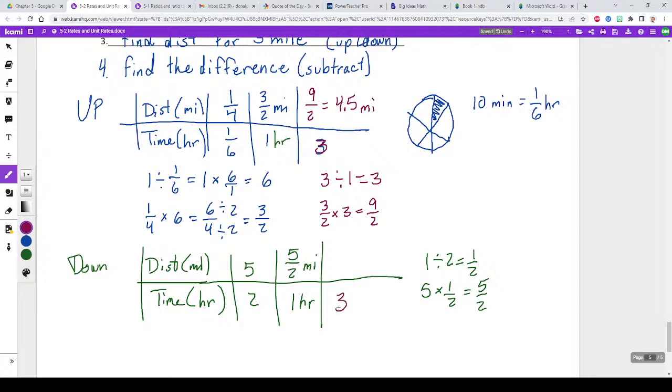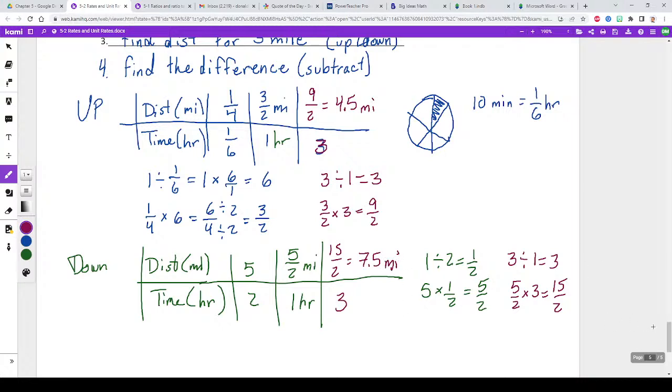Then down here, we've got 3 hours again. So we go 3 divided by 1, which is 3. And then we go 5/2 times 3, which is 15/2. Now again, 15/2 isn't a bad answer, but it's probably easier to subtract in a moment using 7.5 miles.